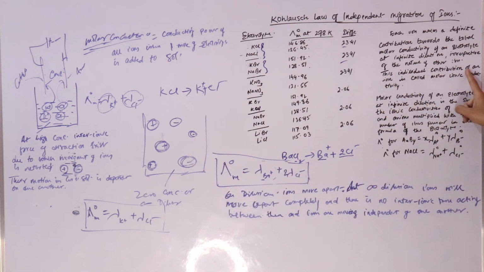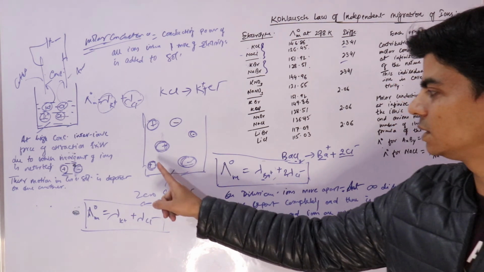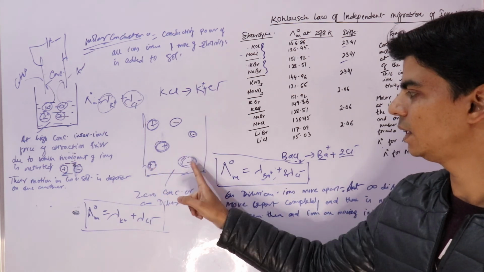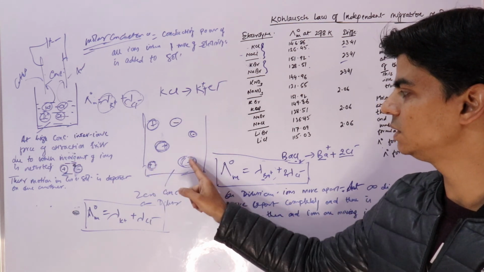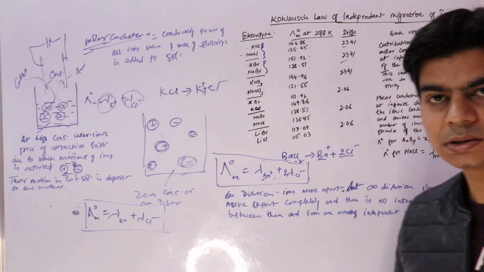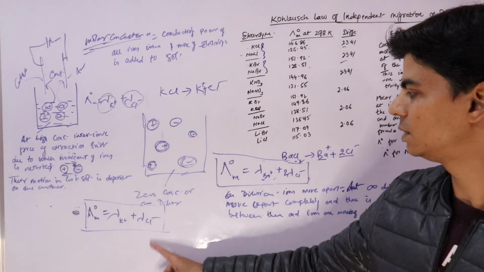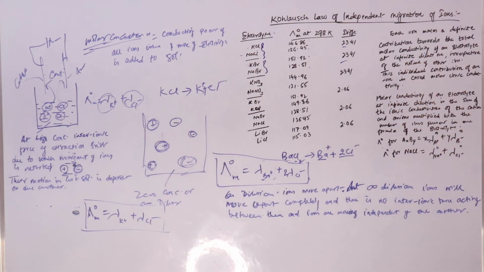This individual contribution of an ion is called ionic conductivity. Positive and negative ions are conducting current, so the conductivity due to these ions is your ionic conductivity.